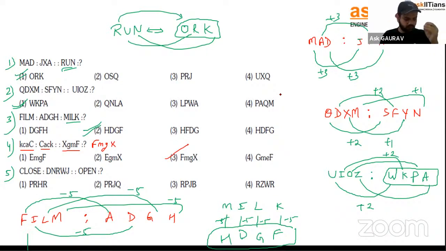Which option? Option one. Option one is right, right? See now. CLOSE, DNRWJ. So option one is right. Option one is correct.